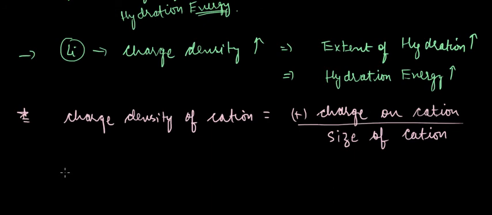Why? Because the hydration energy of Li is more than that of Cs, because the charge density on the Li plus cation is more, hence it easily releases one of the valence electrons and converts itself into Li plus. Hence it's a strong reductant even when the ionization energy of Li is highest among all the alkali metals.